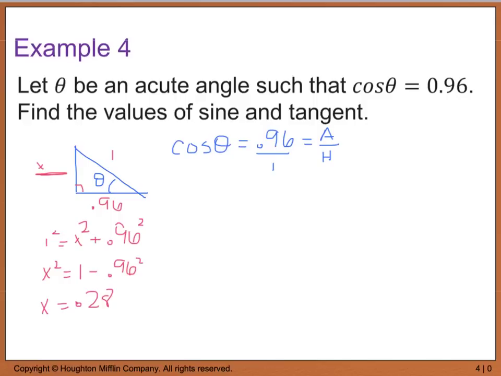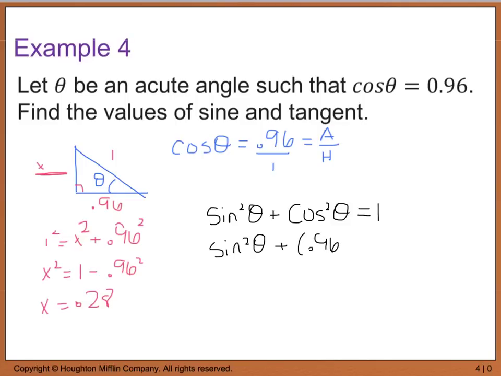Now I have an identity that says the sine squared of theta plus the cosine squared of theta equals 1. Well, I have the sine squared of theta. I don't know what that is, but I do know that the cosine is 0.96, and that's squared. That will equal 1. So now I can solve for sine squared theta, and that's going to equal 1 minus 0.96 squared.